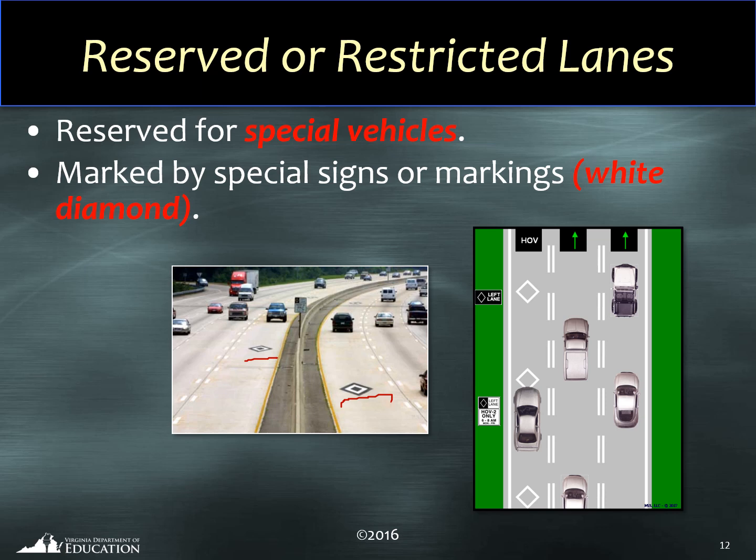Now, it's going to be tough to see, but down here on this sign, it says HOV2 only. So what that means is to be in this lane, you must have at least 2 people in your vehicle.